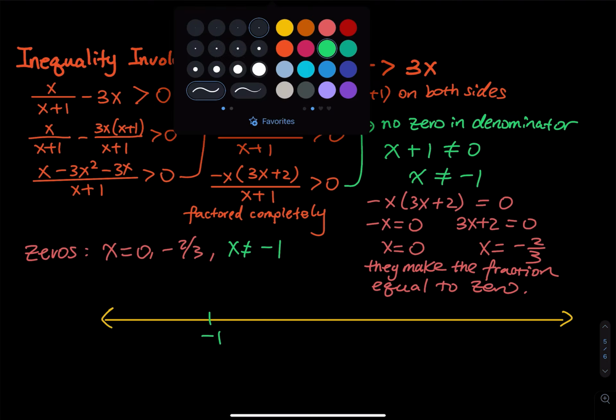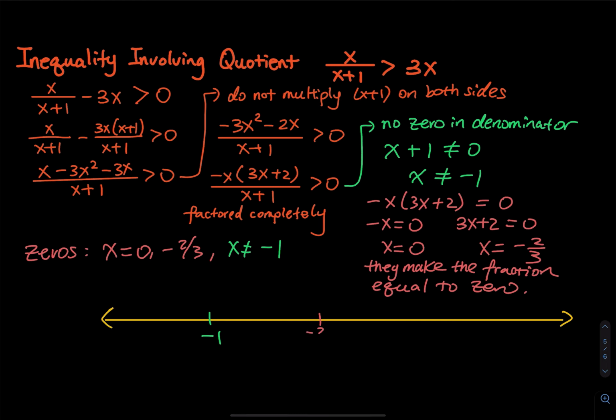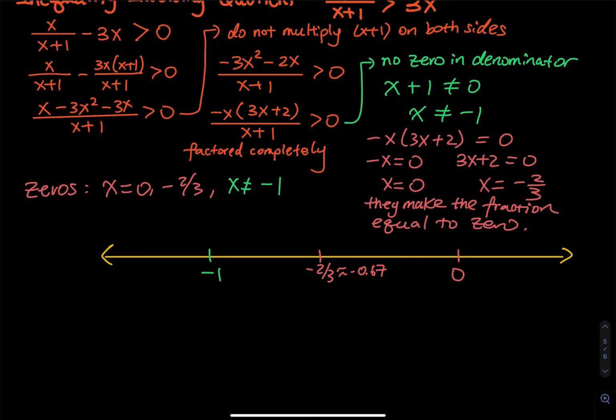And then we have a negative 2/3, which is approximately negative 0.67, and then we have a 0. All right, so we have a number line and three numbers, so one line, three cuts, you divide the line into 4 pieces, right? And each piece is called a test interval. So we have test intervals.